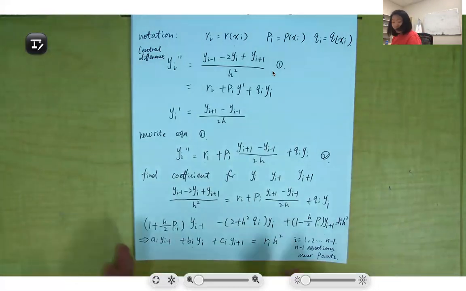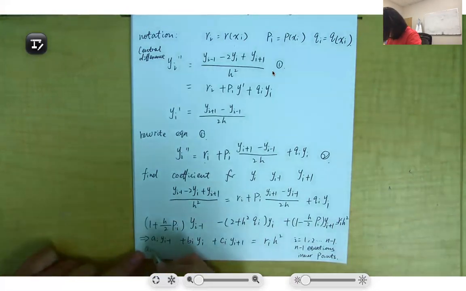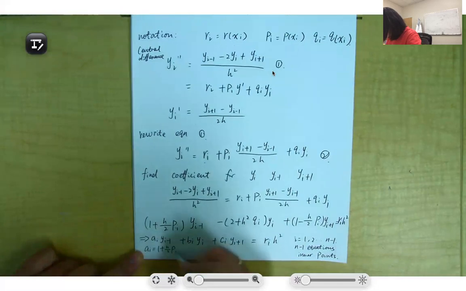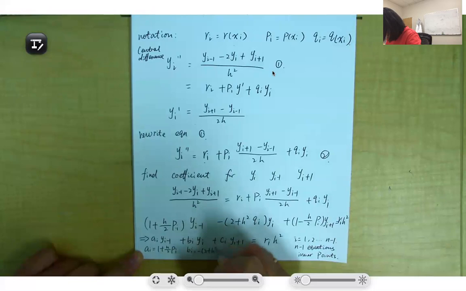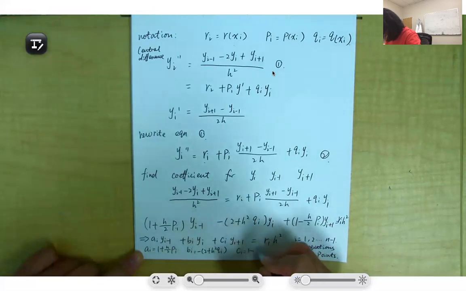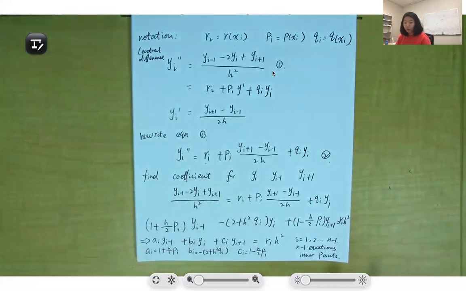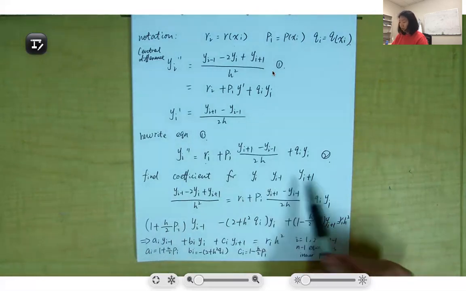So right now we are only solving the inner points, where ai equals 1 plus h over 2 pi, bi equals negative (2 plus h squared qi), ci equals 1 minus h over 2 pi. Okay? So you just get the coefficients for these three terms.